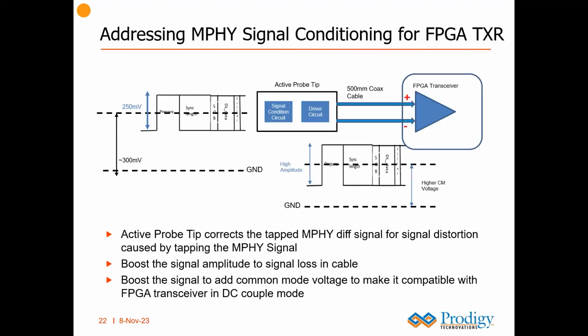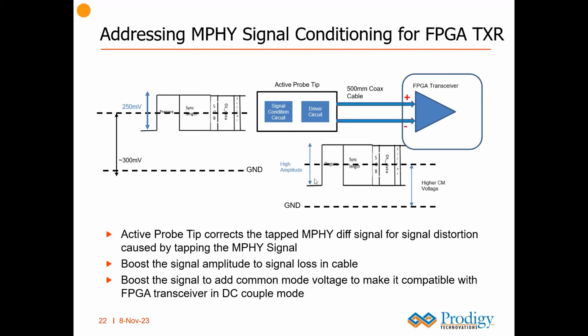This is how the M5 signal will look. You have a 300 millivolt common mode voltage and the amplitude of the signal is around 250 millivolt. So we use an active probe tip, which has a signal conditioning circuit and a driver circuit.